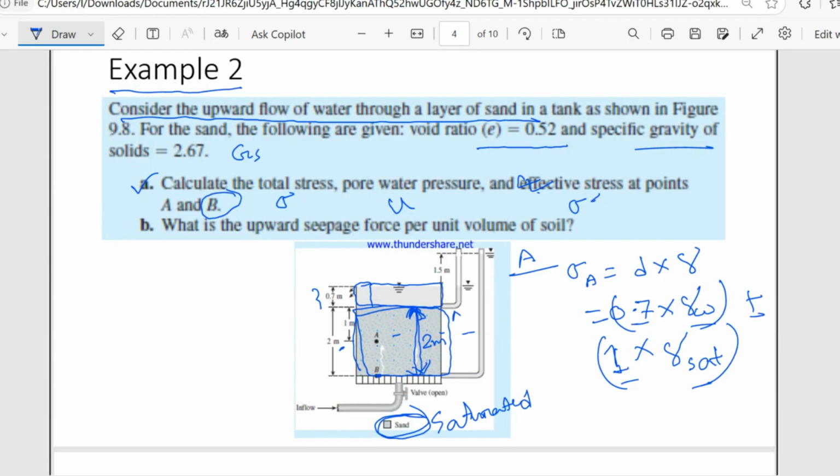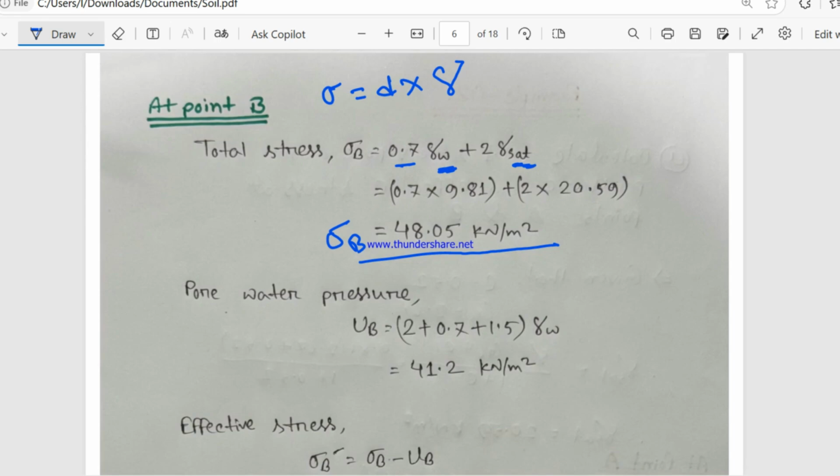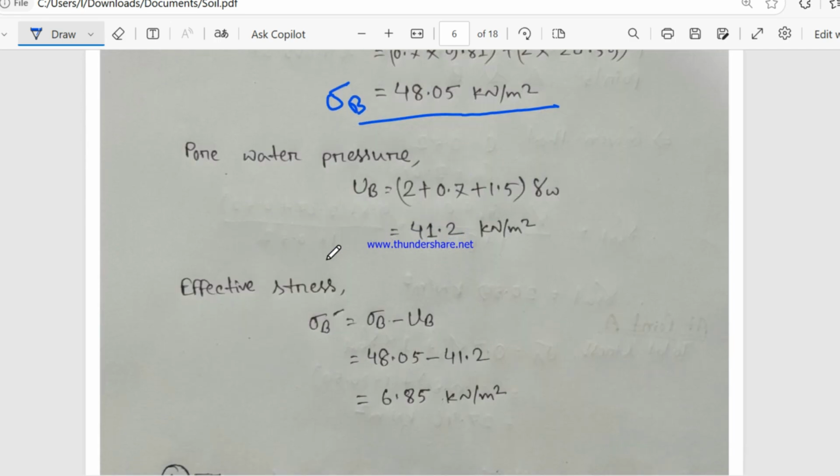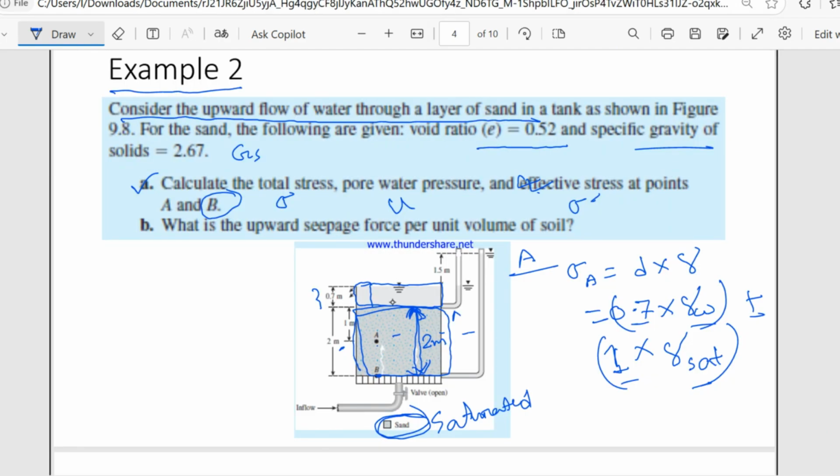The next question is find the pore water pressure at point B. We know the formula of pore water pressure is distance times water unit weight. Please memorize this. Our formula is pore water pressure U equals distance times water unit weight. For point B, this is the groundwater level.